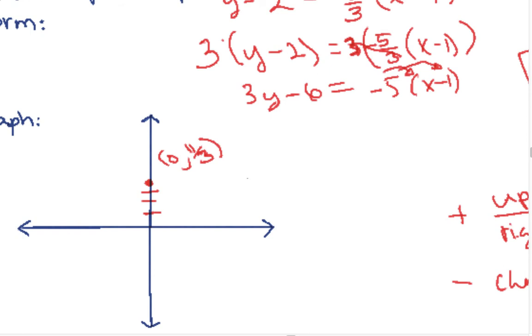So instead of going up 5 and to the right 3, I'm going to go down 5 and to the right 3. So I start over here at my point and I go 1, 2, 3, 4, 5, and then to the right 3, 1, 2, 3. And that would roughly be my point there. And then you can connect the 2 dots, because for a straight line, all you need is 2 points. Hopefully you can do a better job than I just did.